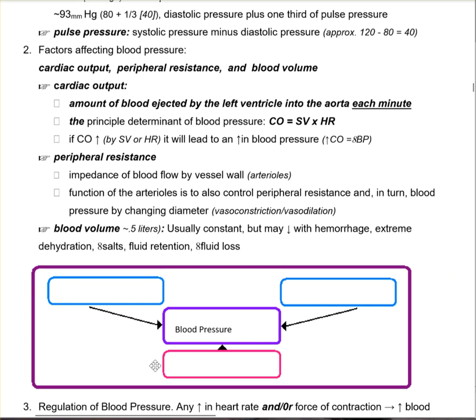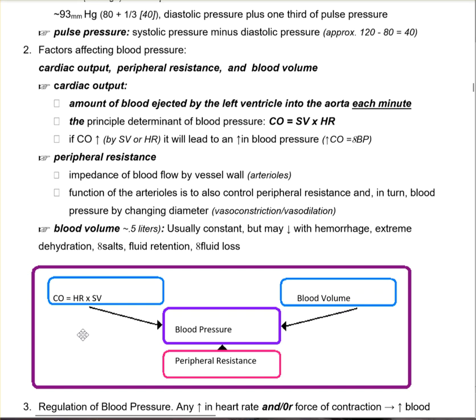We just talked about peripheral resistance, and we just talked about blood volume. And we were talking about cardiac output a minute ago, and how cardiac output and blood pressure are related. Cardiac output, remember, is HR times SV. Okay?